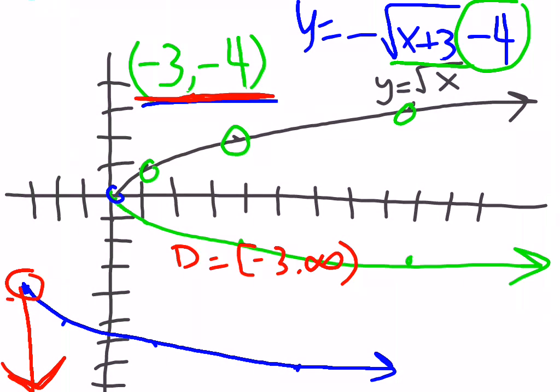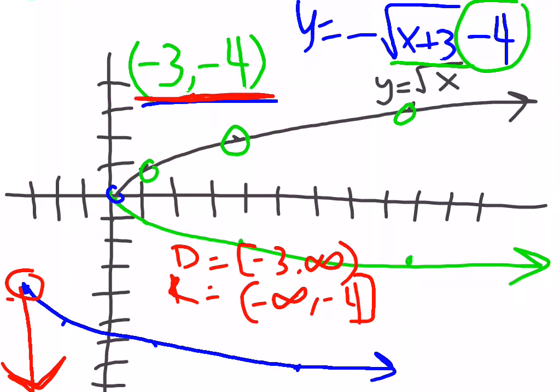So the graph is defined when y is less than negative 4. So my range will be from negative infinity all the way to negative 4, including negative 4 because it's still defined when y is negative 4.